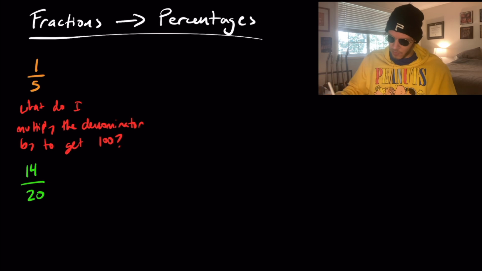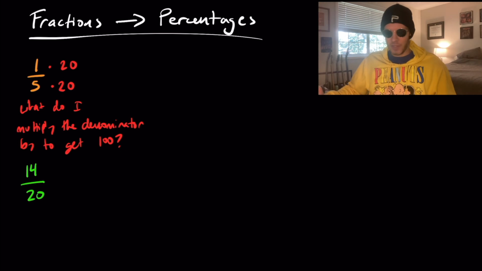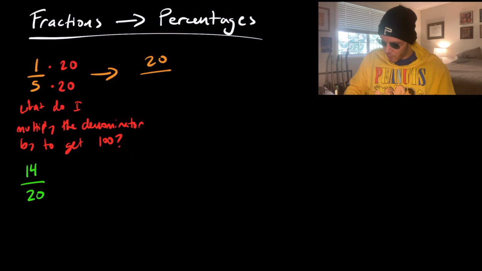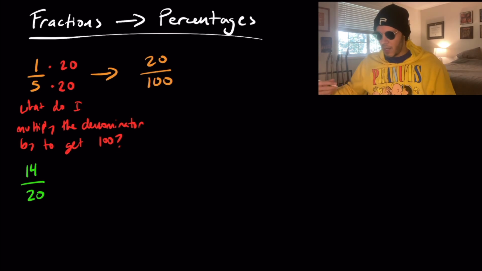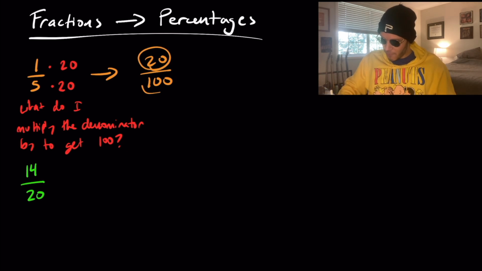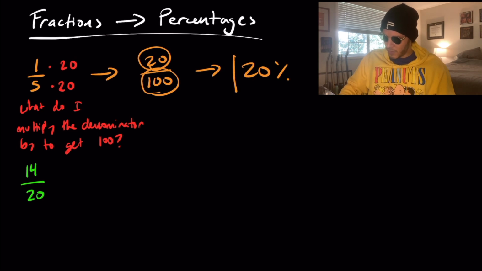Well, that would be 20. So we're going to multiply both the denominator and the numerator by 20, and that gives us 20 over 100. We know that the word percent just means for each 100. And here I got 20 for each 100, which is just 20%.